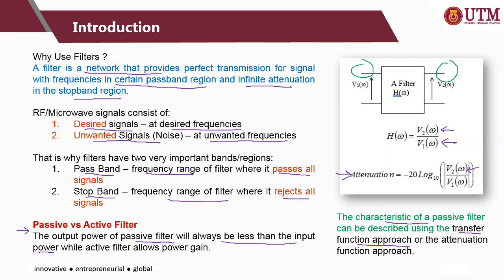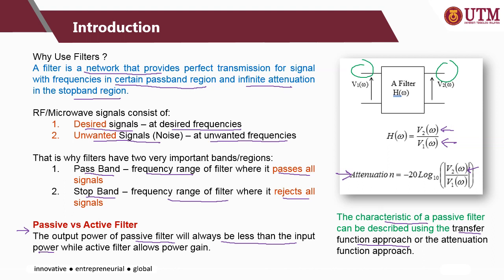Because during transmission, if you remember, there will be coupling, disturbance, and signal loss due to reflection and retransmission across the junction, etc. That's why in a passive filter, the output is always lesser than the input.